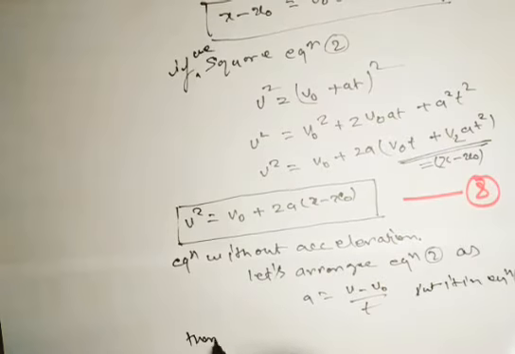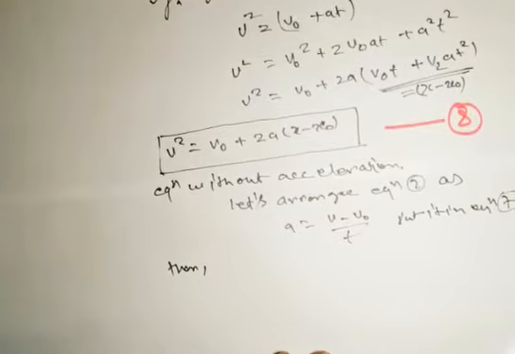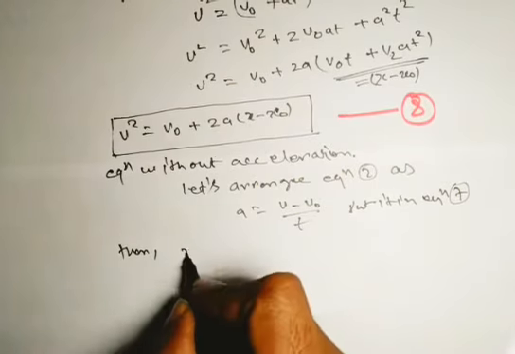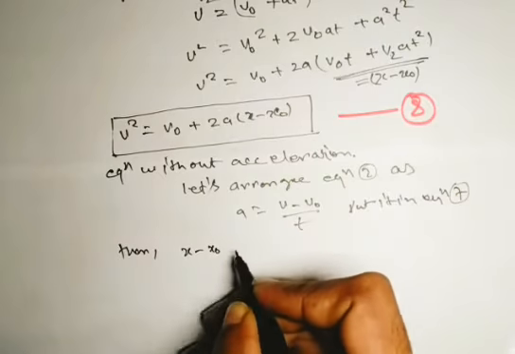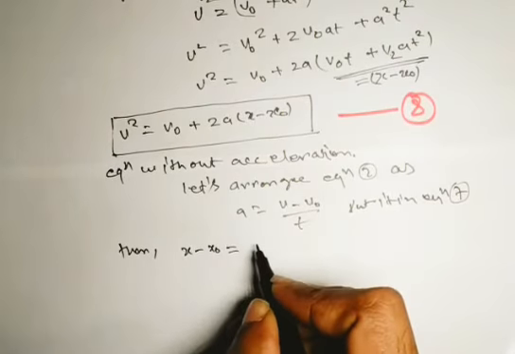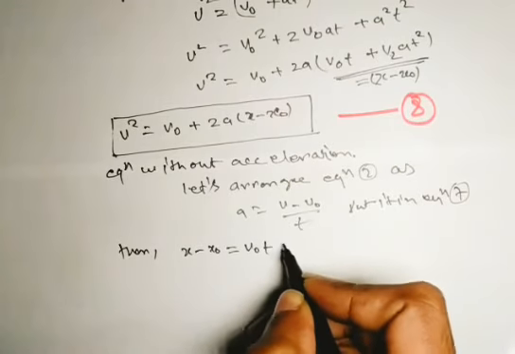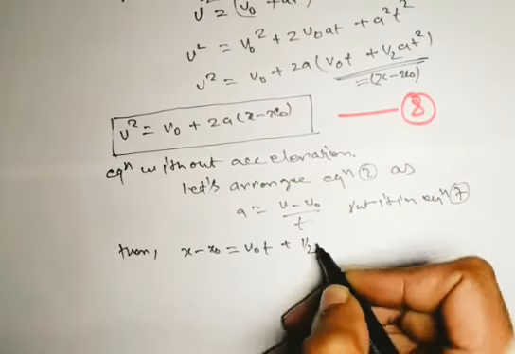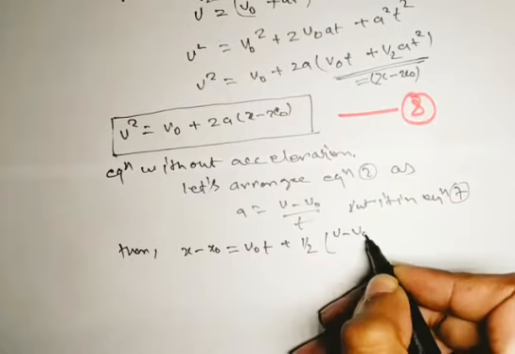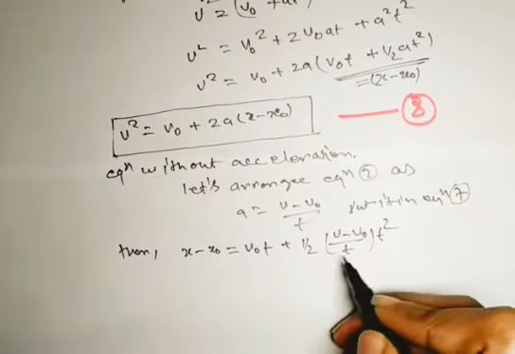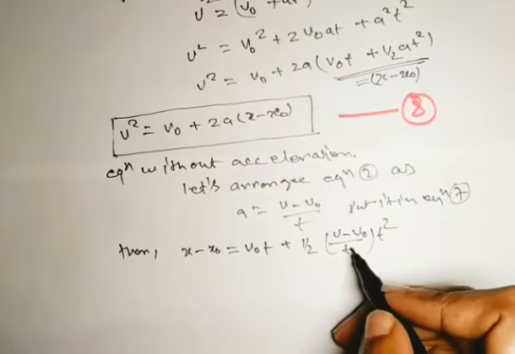Then what will it become? It will become x minus x naught equals v naught t plus half into v minus v naught upon t into t square. Then one t is cancelled out here.